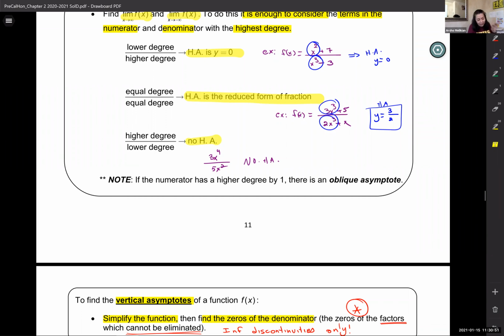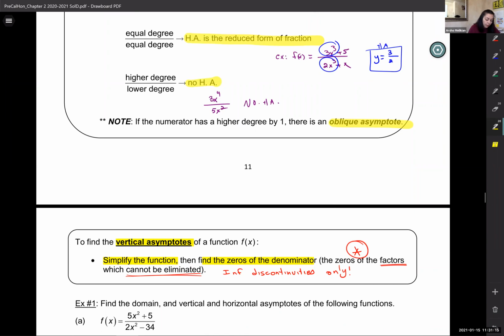There is one exception. I mean, it's not really an exception, but one other note is that if the numerator has a higher degree by 1, so if it's like x cubed over x squared, there is still not a horizontal asymptote. There is what we call an oblique asymptote, and we'll get to that much later in the lesson.